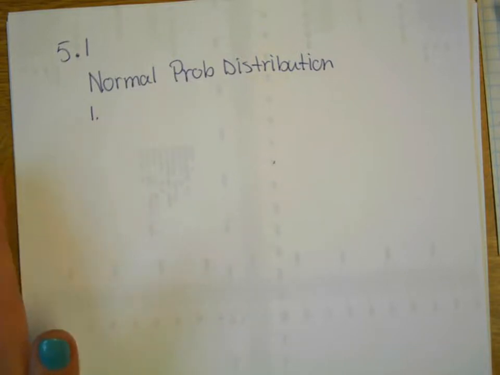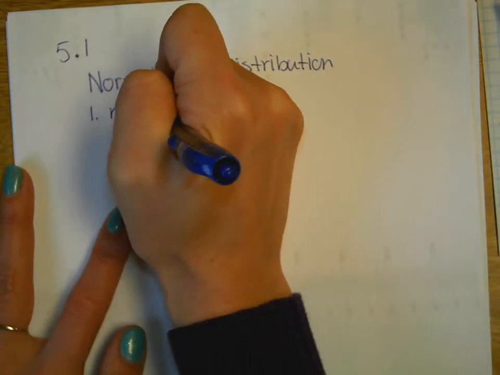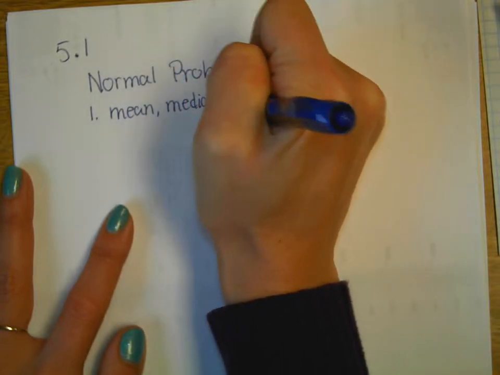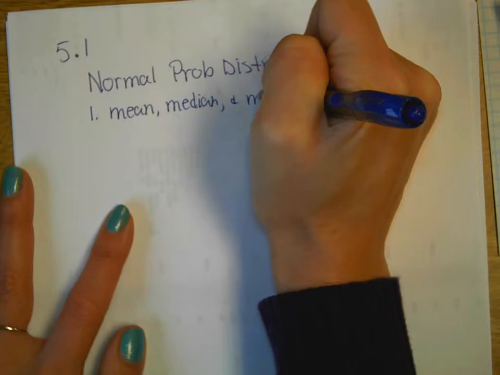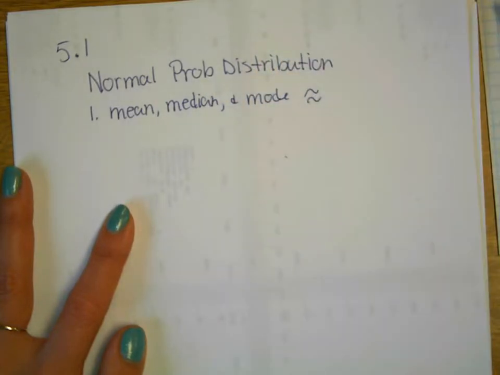First of all, it's normal when your mean, we didn't call it normal before, we called it the symmetrical or bell-shaped distribution. But you get the normal distribution when the mean, median, and mode are all approximately the same, are all approximately equal.